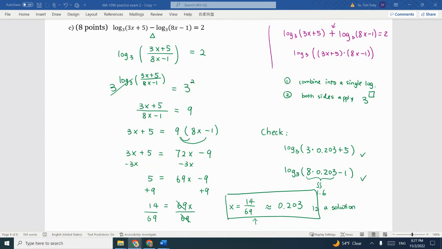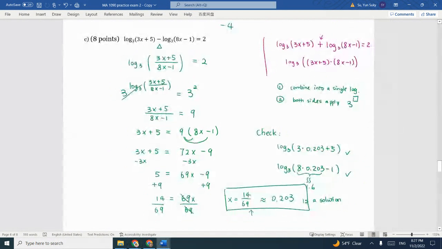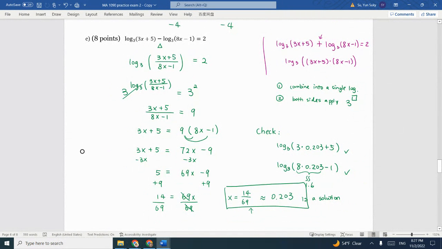So far, so good, everybody? Okay, so we've finished problem 6. Which problem do you want to go over next? Feel free to ask me questions on your practice exam or your homework. Just unmute.